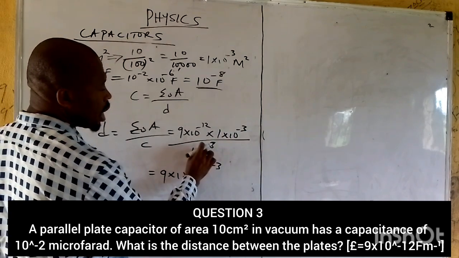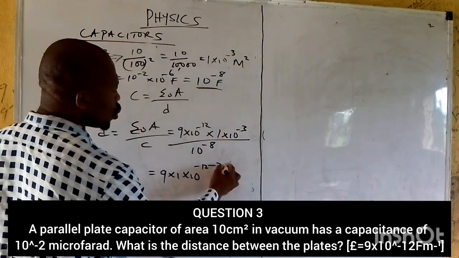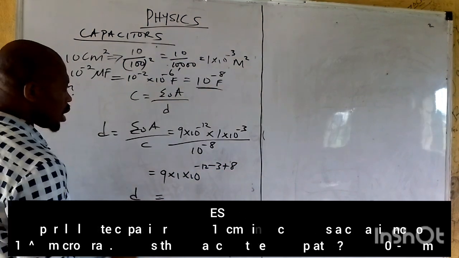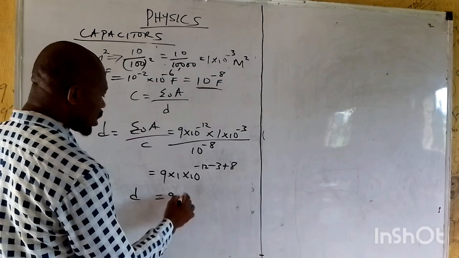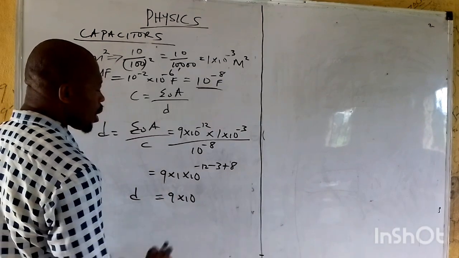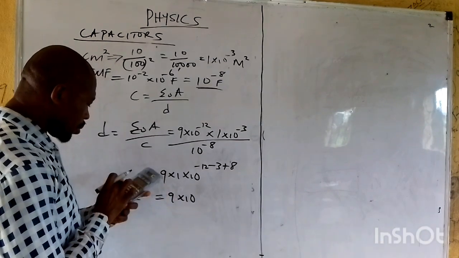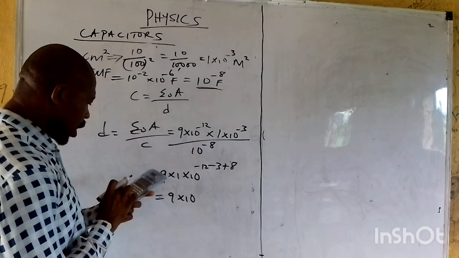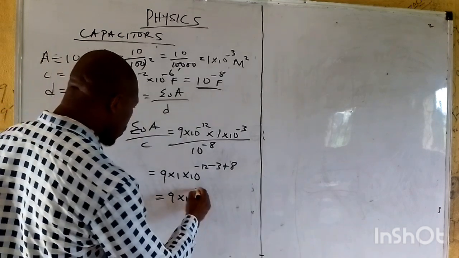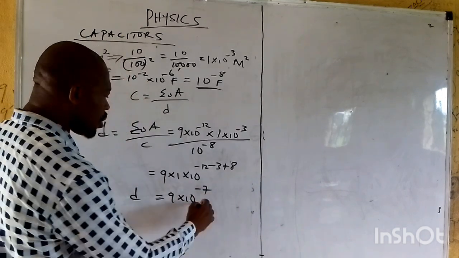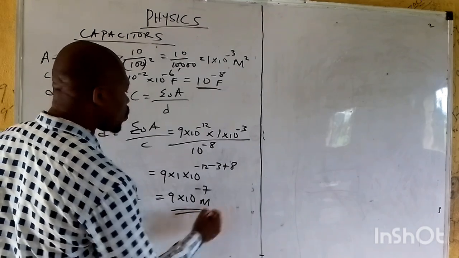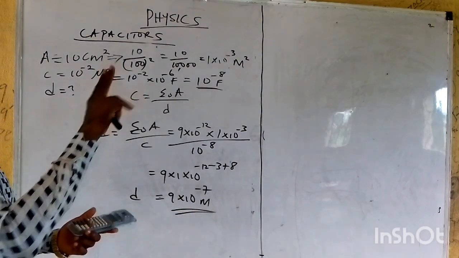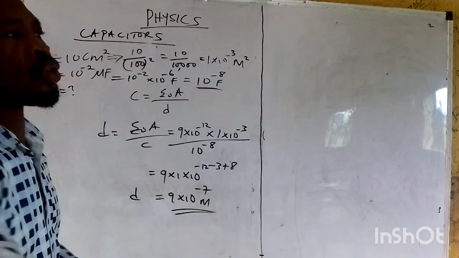Once it crosses, the sign changes to plus, it becomes plus 8, which will now give us D is equal to 9 times 10 raised to the power minus 12 minus 3 plus 8, which will give us minus 7 meters. So that is the distance between the plates of that capacitor.